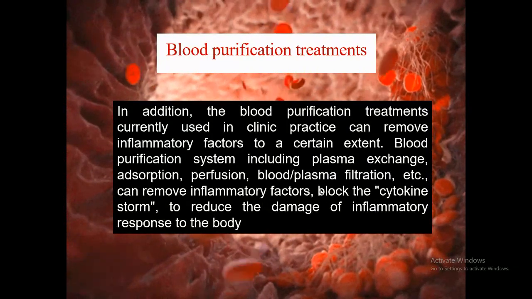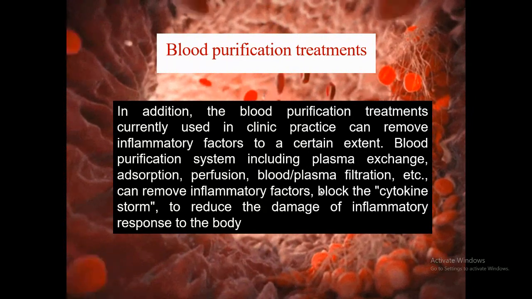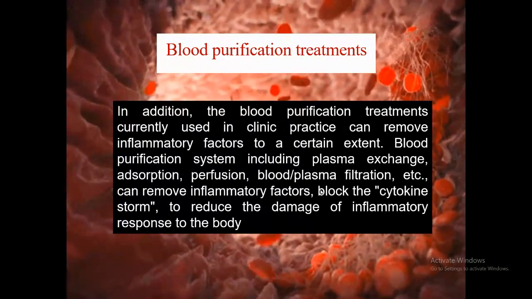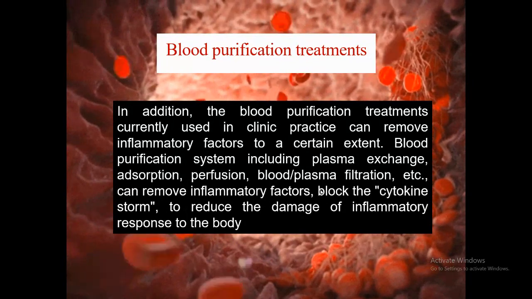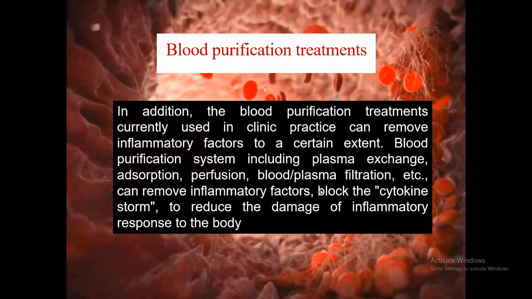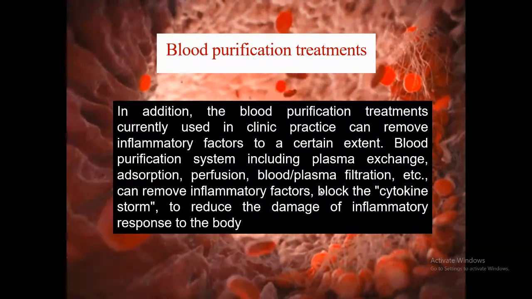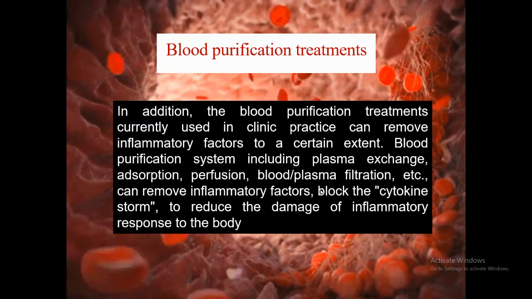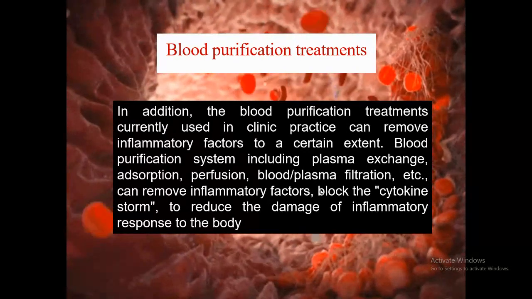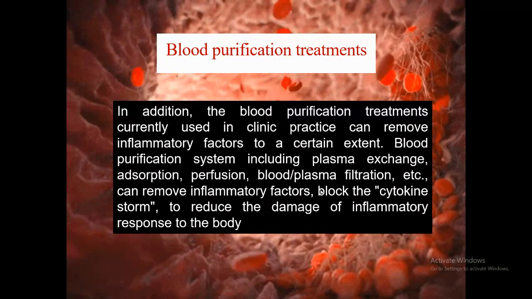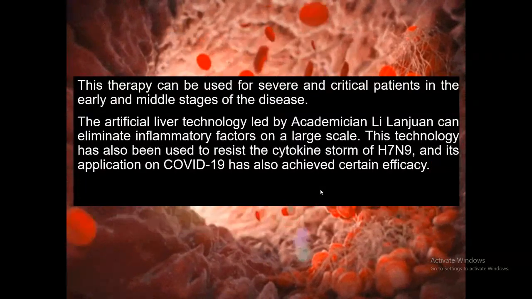Blood purification treatment, which we use in our clinical practice, removes the inflammatory factors to some extent, including blood purification systems, plasma exchange, adsorption, perfusion, and blood plasma filtration. All can remove the inflammatory factors, block the cytokine storm and reduce the damage of the inflammatory response to the body.